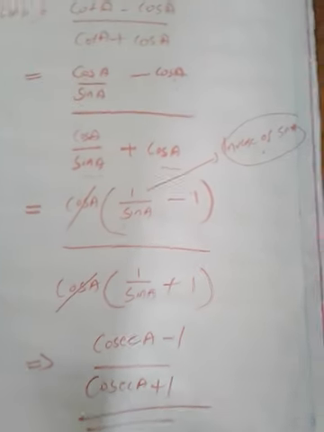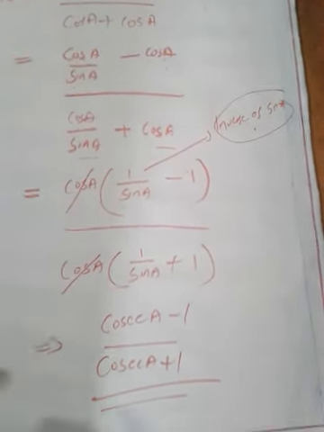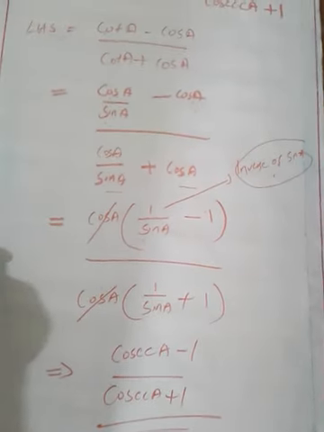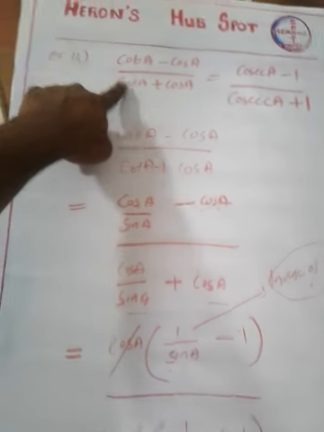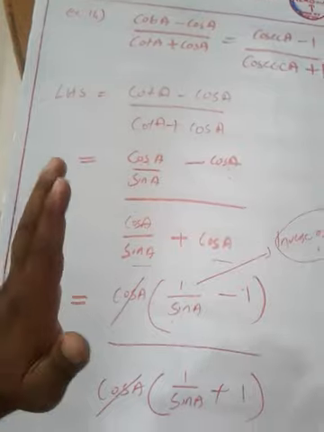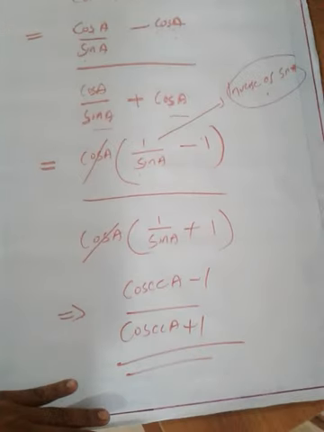See, this is the way to make the presence of cosec, and we directly reached the RHS. This is the thing we had to prove. How simple it is! The question was a little bit difficult at first look, but when we go for the correct approach, we get the result.